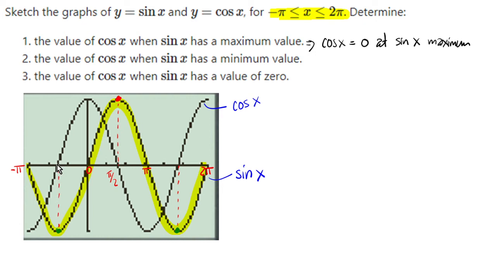It's an x-intercept. The x-coordinate here is going to be 3 pi over 2, and over here it's going to be negative pi over 2. So cosine of x equals 0 at sine of x minimum.